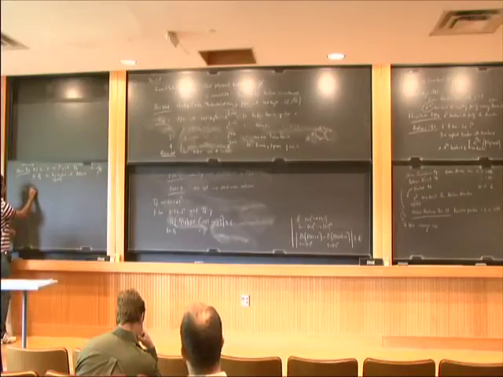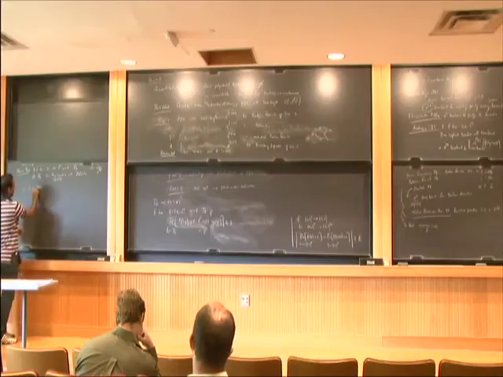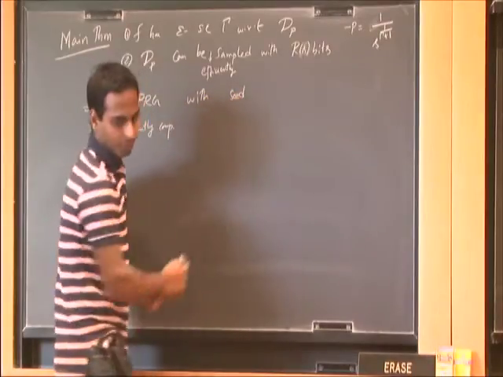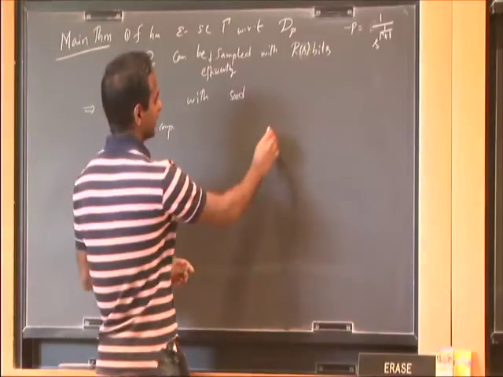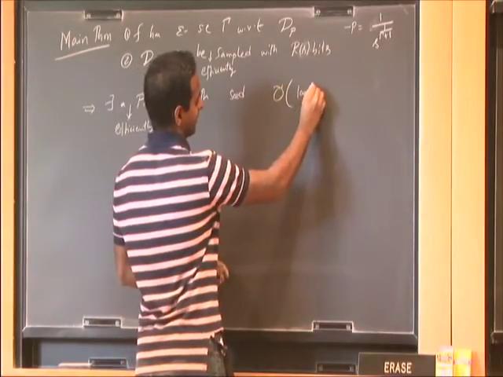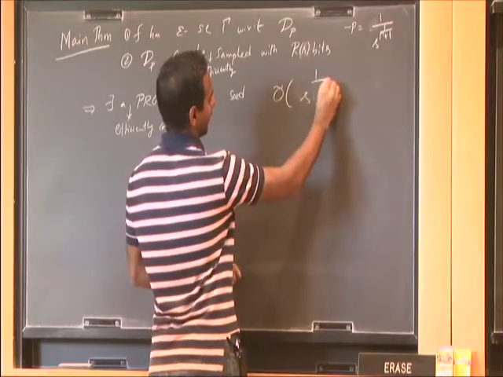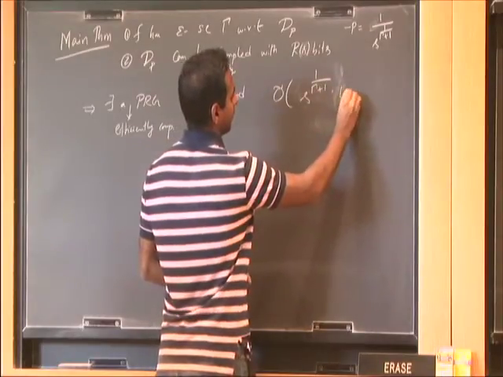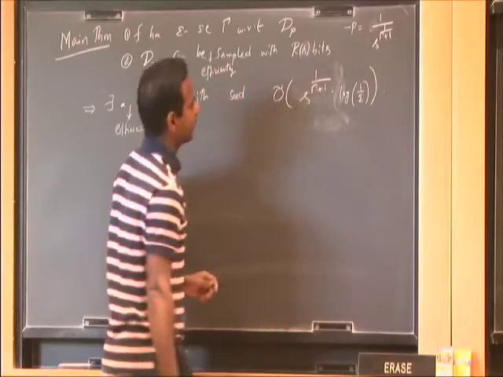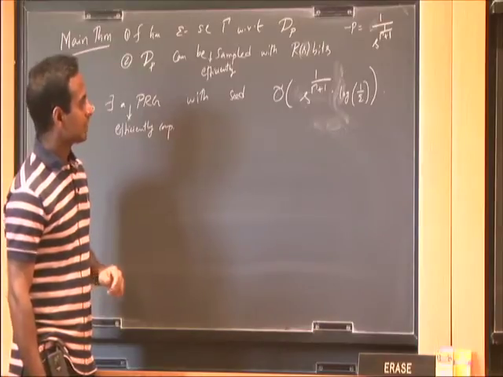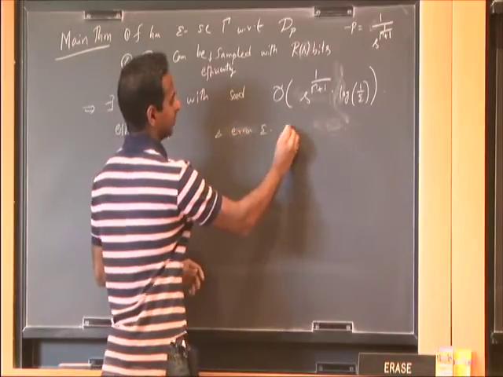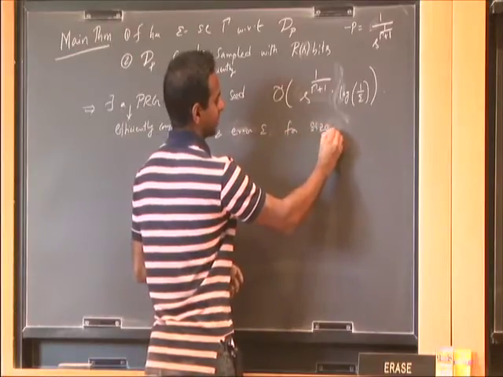This implies there exists an efficiently computable PRG with seed length, basically O tilde of, let's say, log 1 over epsilon, for error epsilon for functions of size less than or equal to s.